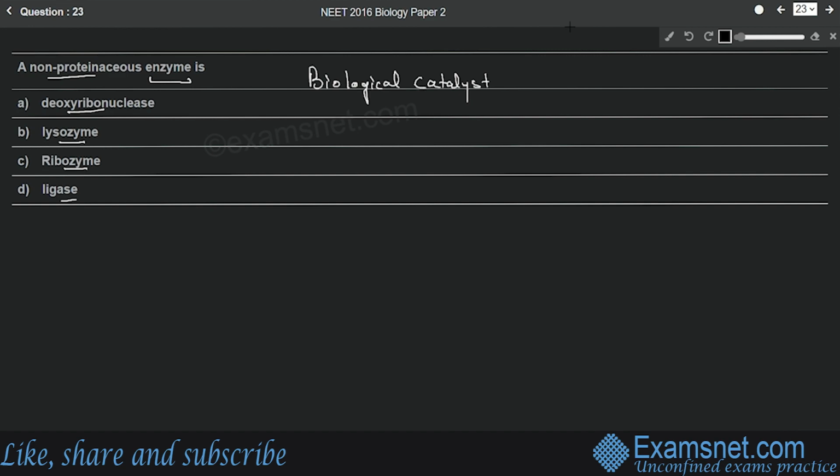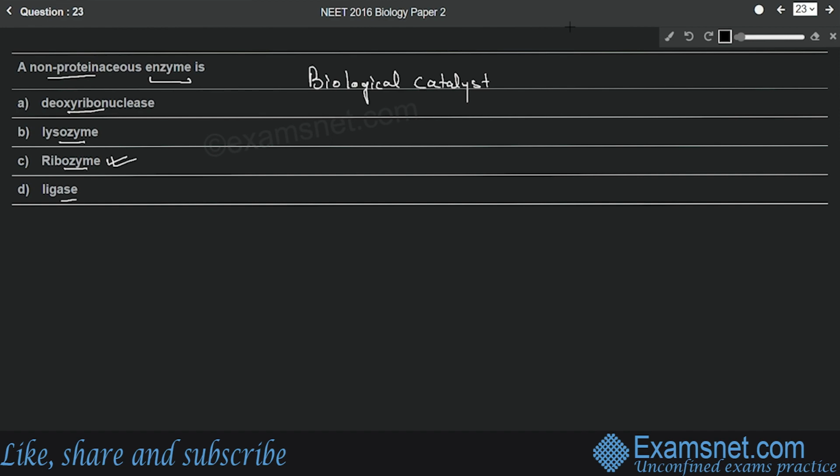Now we know that mostly the enzymes are proteinaceous in nature. That means they are made up of protein. But there is an exception, and that is ribozyme, which is a non-proteinaceous enzyme. And others are proteinaceous enzymes. And what is ribozyme?